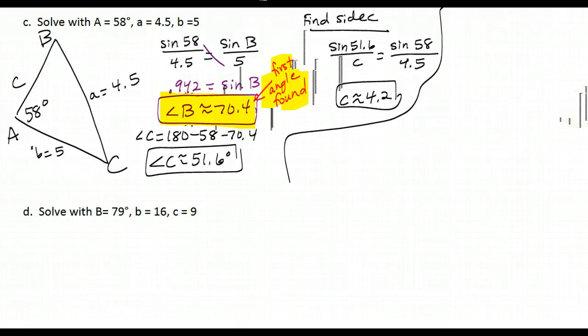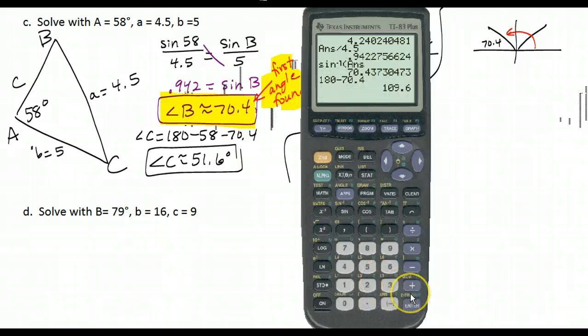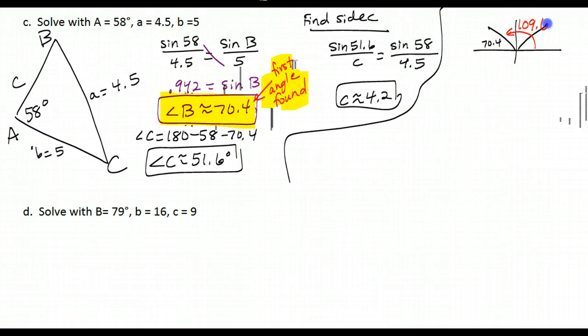Hopefully you're able to write a little smaller so you have more space than I do here. Okay, so again, I check for my second triangle with the first angle I found. So I want to find what angle here has a reference angle of 70.4. So I will do 180 subtract 70.4 to figure that out, and it's 109.6 degrees.